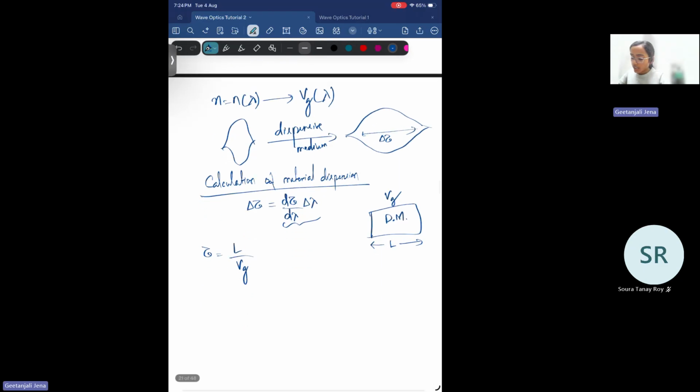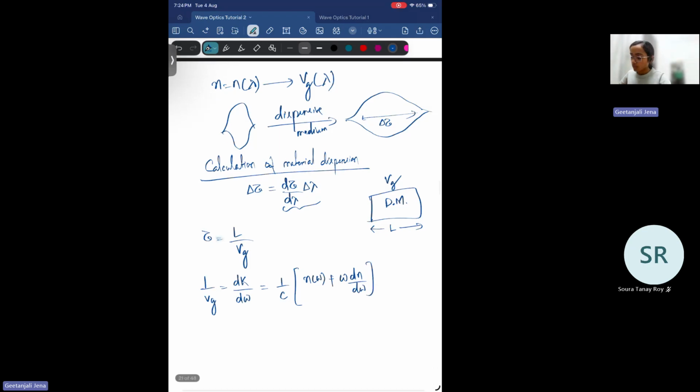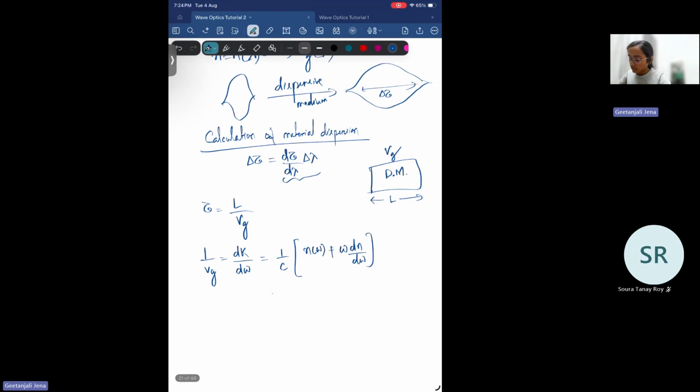And we know 1 by Vg is dk over d omega. The expression that we got earlier is 1 by Vg equals 1 by c times n of omega plus omega dn over d omega. This is in terms of omega. In terms of lambda, we can write it as 1 by c times n of lambda minus lambda dn over d lambda.